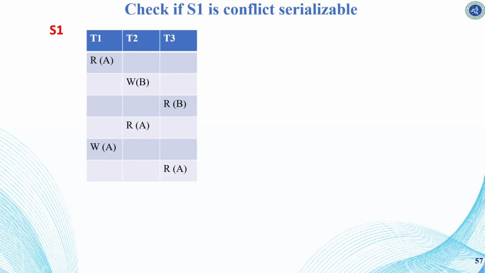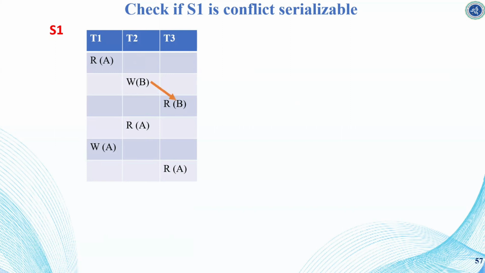Next is another example with three transactions, T1, T2, and T3. Let's check whether it is conflict serializable. First we have to find the conflicts. This is not a conflict. Here there is a conflict: write of B and read of B, a read-write conflict.